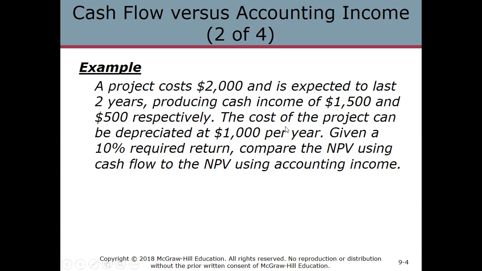This is depreciation expense. Given a 10% required return, which is the discount rate, we now compare the net present value using cash flow to the net present value using our accounting income.